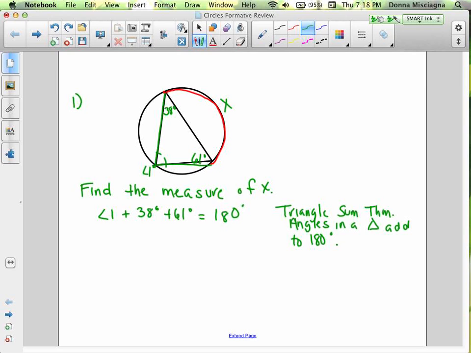All right, since we know 2 of the angles in the triangle, if we just add the third one in and set that equal to 180, we can find the measure of that third angle. So angle 1 plus, let's combine the other 2 angles, so that would be 99 degrees.